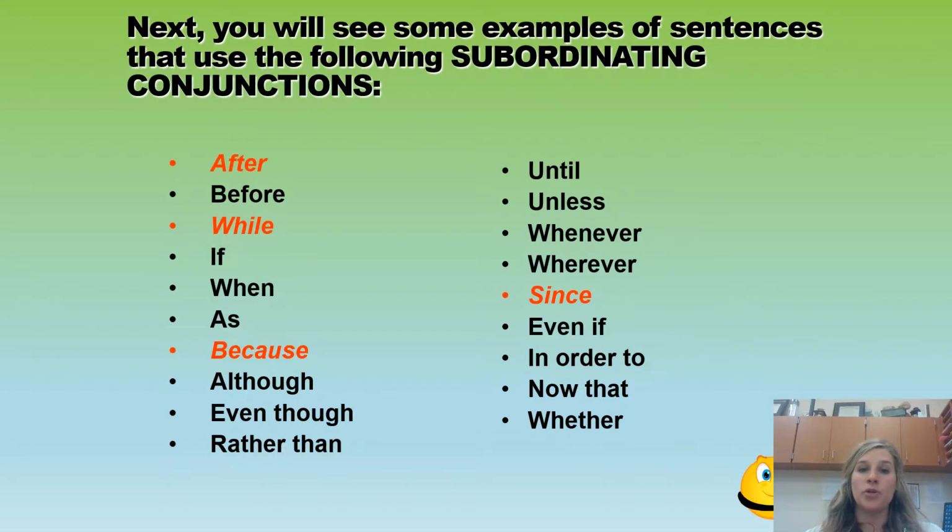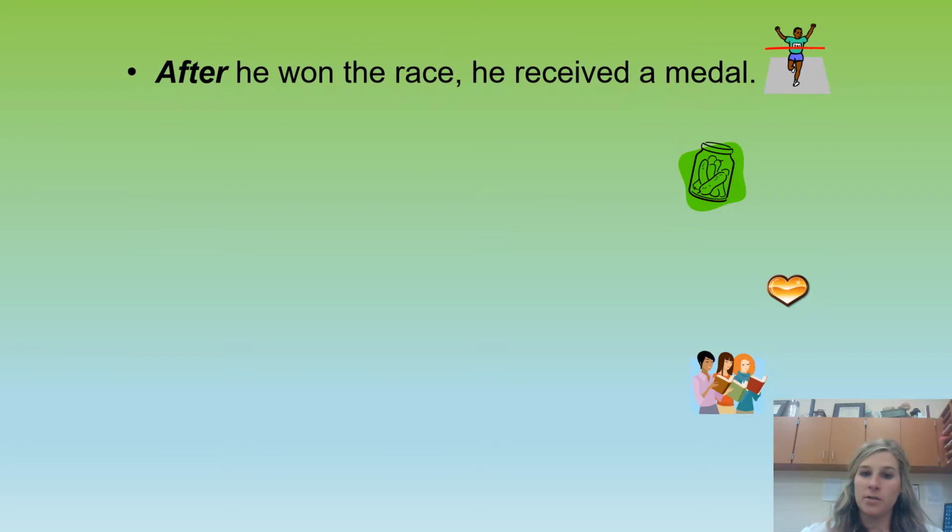I'm going to show you a few examples of sentences that use some of these subordinating conjunctions, specifically the ones that are highlighted in red. Okay, I want you to write down this first example. So pause the video if you need to. Okay, I want you to circle the word after. After is that subordinating conjunction. After is a clue that that is the beginning of my dependent clause.